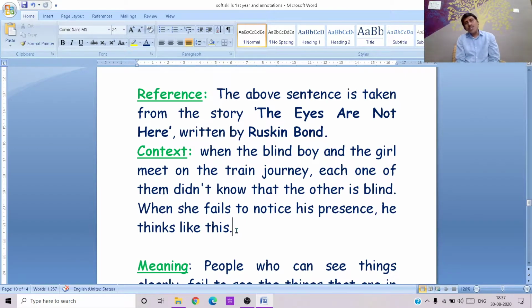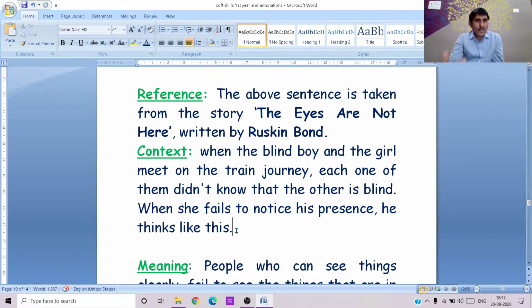When she boards the train at a later station, the boy was traveling from Rohana to Missouri, and he thought that she's a normal girl who can see. In fact, she was surprised to listen to his voice. He asked her a question, and she was surprised that somebody is sitting there in the same compartment.